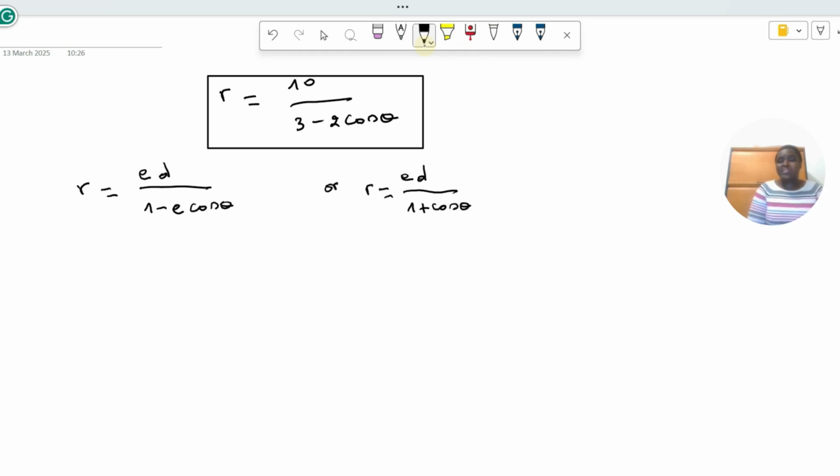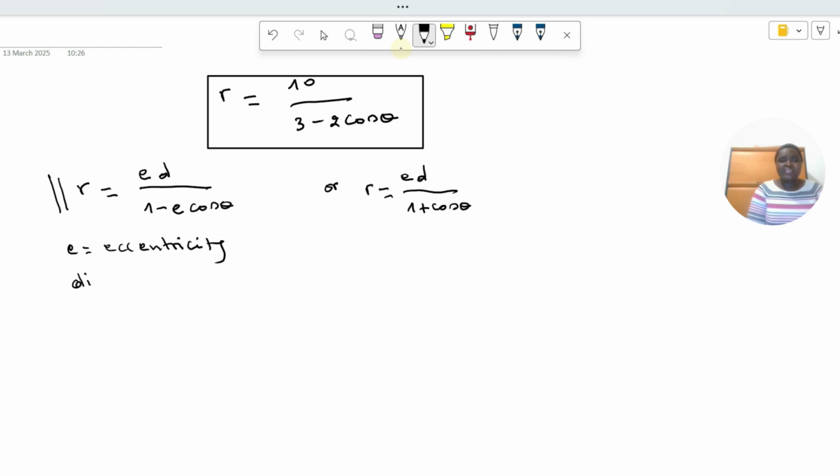What is E? What is D? In the first case, E is eccentricity, and D is a number that is going to give us the equation of the directrix.